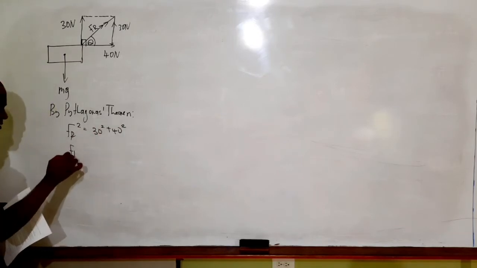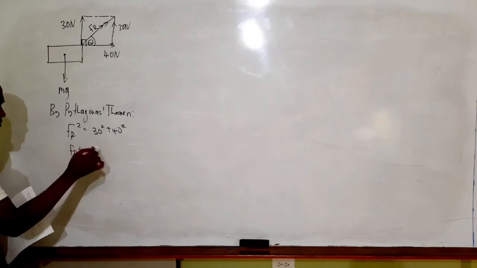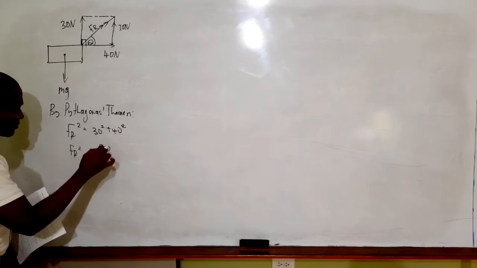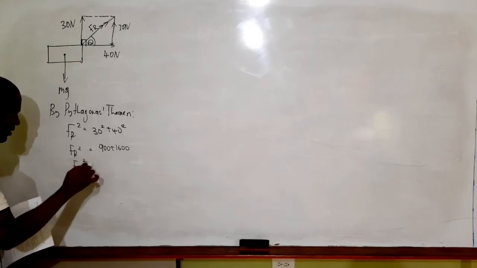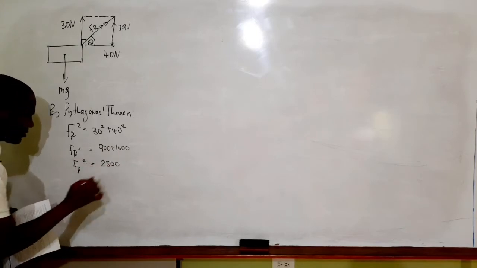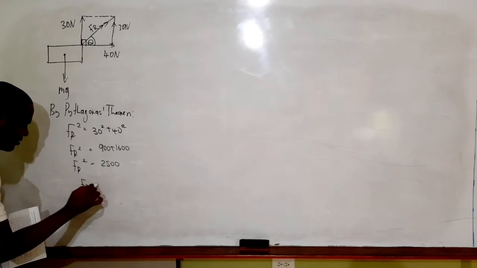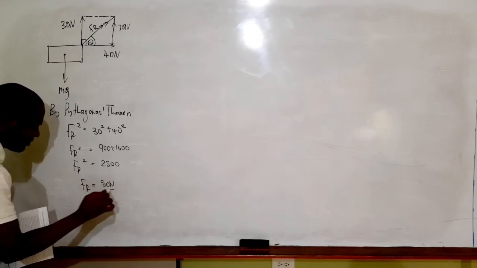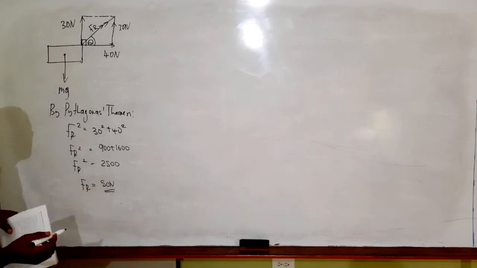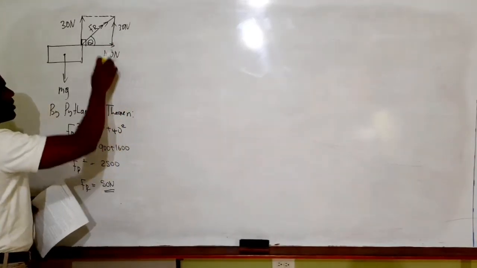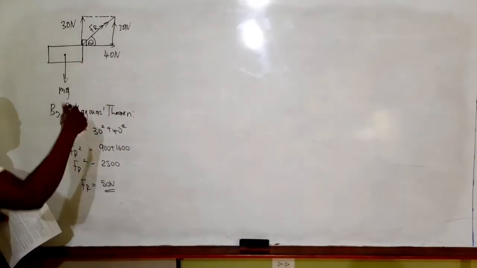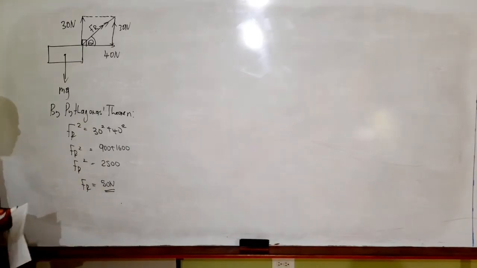And so FR squared is equal to 900 plus 1600. So FR squared is equal to 2500, and therefore the resultant force is equal to 50 newtons. As expected, because this is a right angle triangle with sides in the ratio 3 to 4, the hypotenuse must be 5.